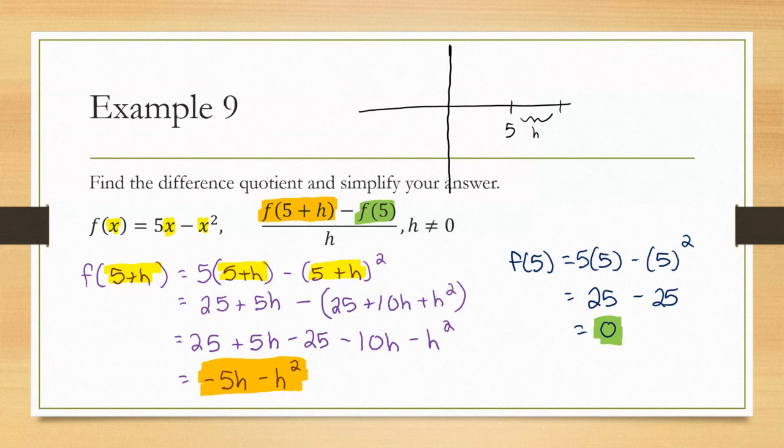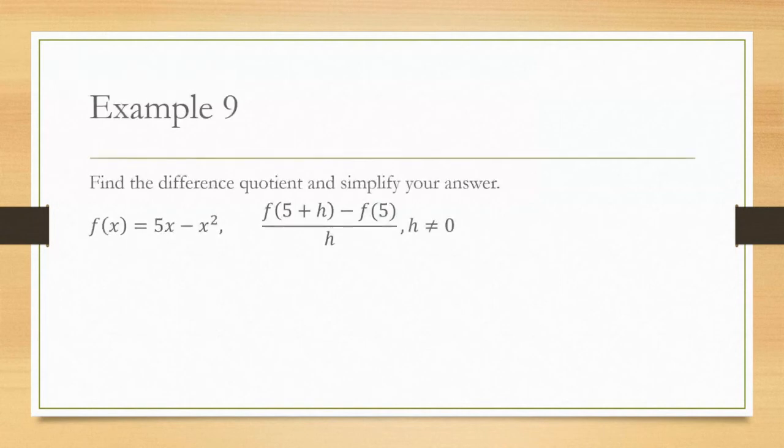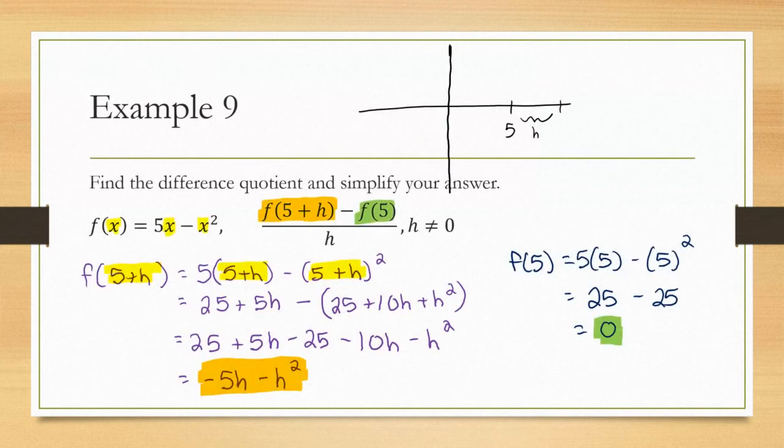So I'm going to be doing this on another slide because clearly there's not enough space here. So I'm going to start by writing my difference quotient. So it's f of 5 plus h minus f of 5 all over h. And they specify that h is not equal to 0 because we can't divide by 0.